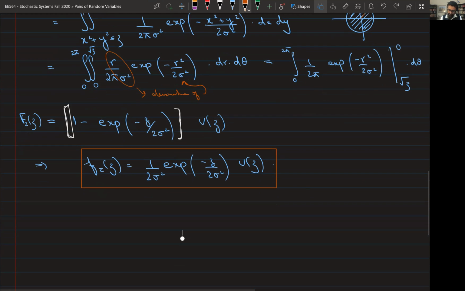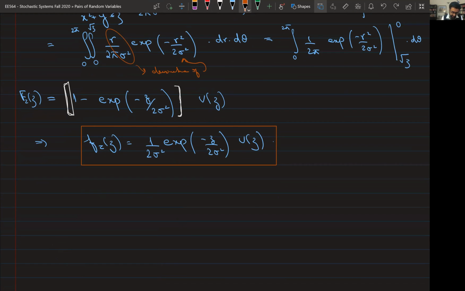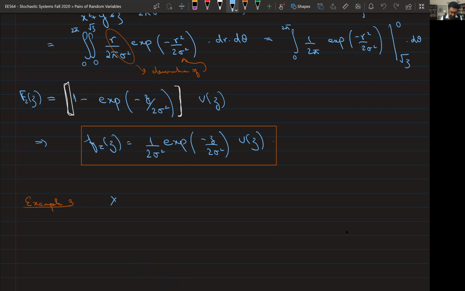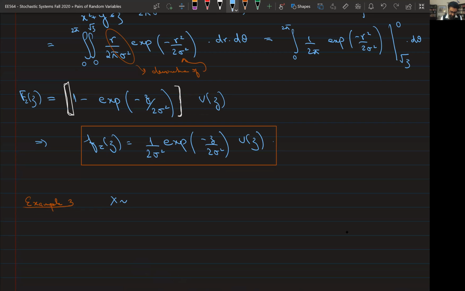I'm going to continue with some examples before we end this chapter. The next example I have is very much related, which is example 3. Once again, x is Gaussian with zero mean and variance sigma squared.